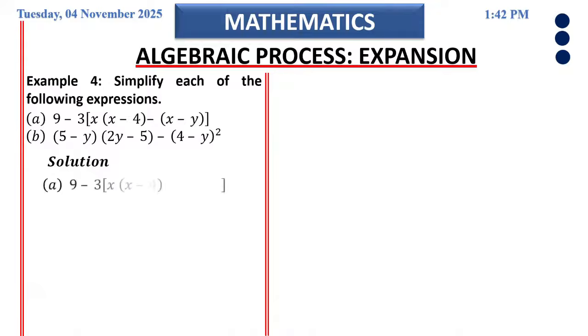And if you look at this equation, 9 minus 3 into x minus 4, bracket close, minus bracket open, x minus y, bracket close, and then a bigger bracket that covers everything. So this is a form of a nested case.